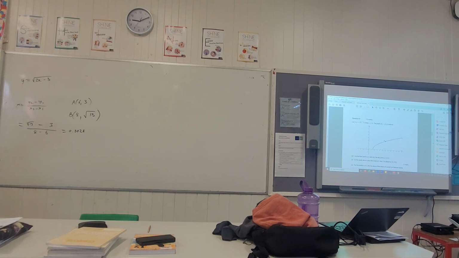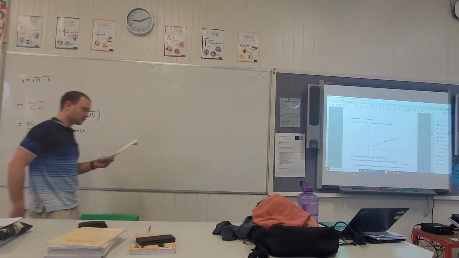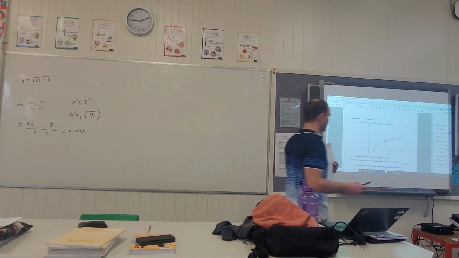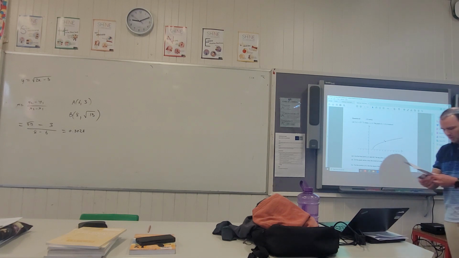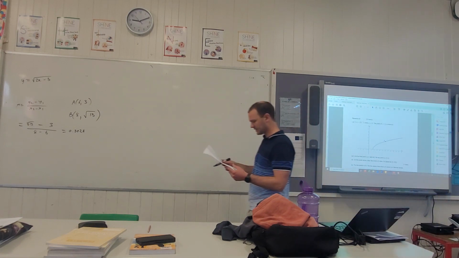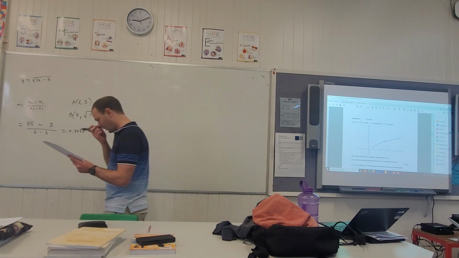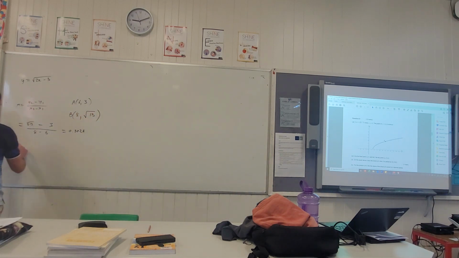Okay, the following table shows the coordinates of the fixed point A and the various coordinates for the point B. Fill in the 2 missing values for the slope of AB. So B is getting closer and closer to A, right? So what about when the coordinates of B are 6.1 and 3.0332? In that circumstance, I'm going to just do the first one here.